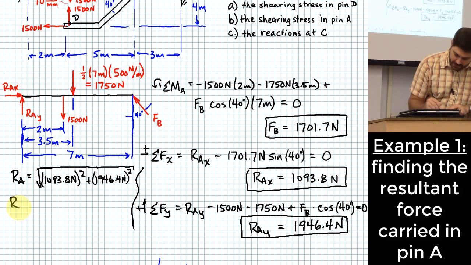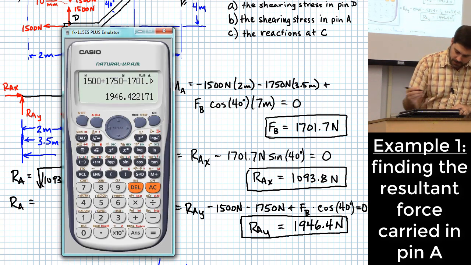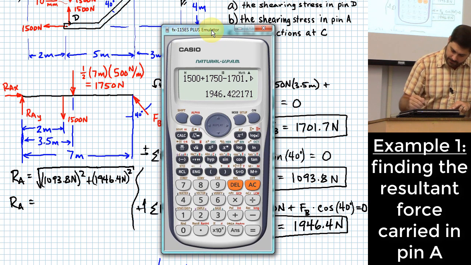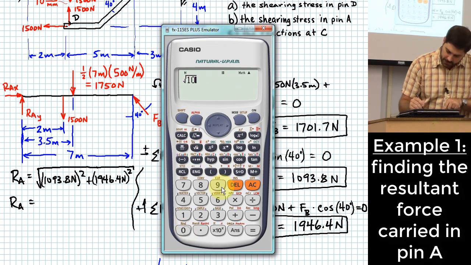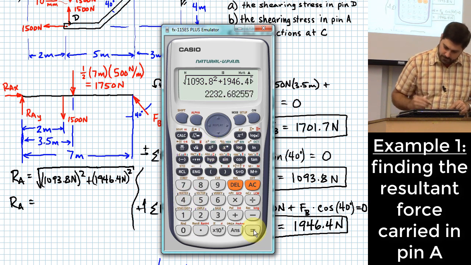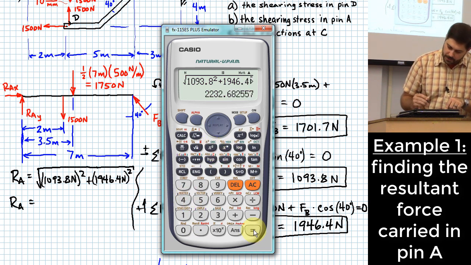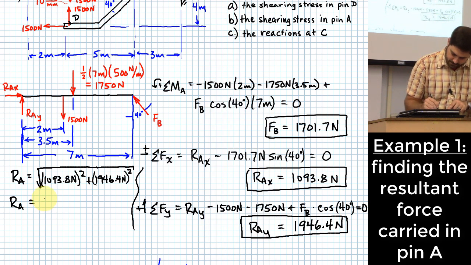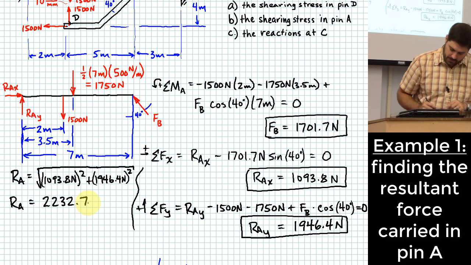So RA is just equal to the square root of 1,093.8 squared plus 1,946.4 squared, which gives me 2,232.7 newtons.